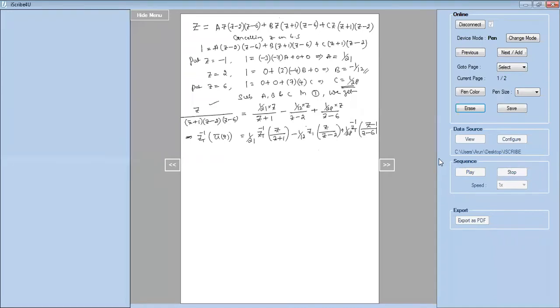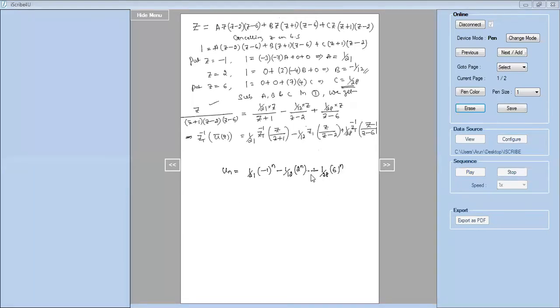UN equals 1 by 21 into minus 1 power n minus 1 by 12 into 2 power n, then plus 1 by 28 into 6 power n here. So this is plus, guys.